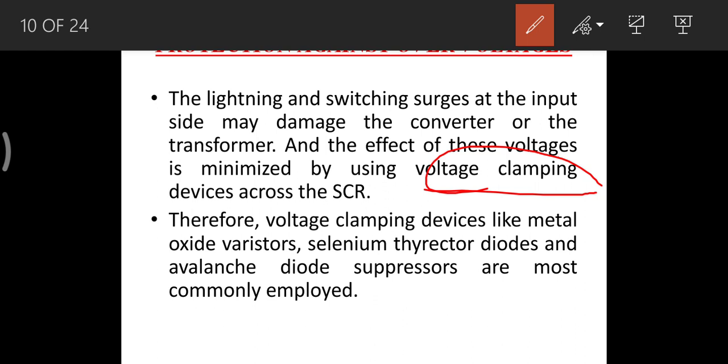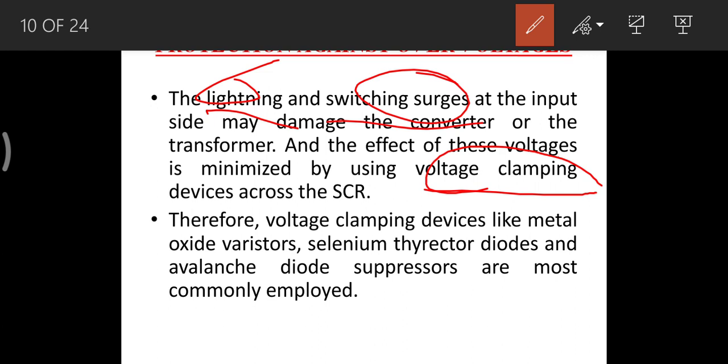By using this voltage clamping circuit, we will give protection against the lightning and switching surges of the input side. Okay, so by using these voltage clamping devices, we can provide protection for the SCR from lightning and switching surges at the input side.